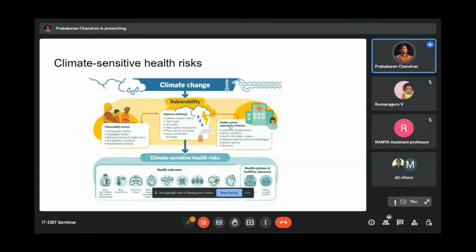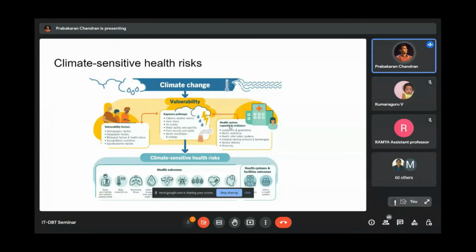will get reduced, and vector distribution will increase, which means bacteria, viruses, and similar microorganisms will increase. And obviously, because of these two things, the vulnerable factors and exposure pathways, that will hit the health system's capacity and resilience, right?